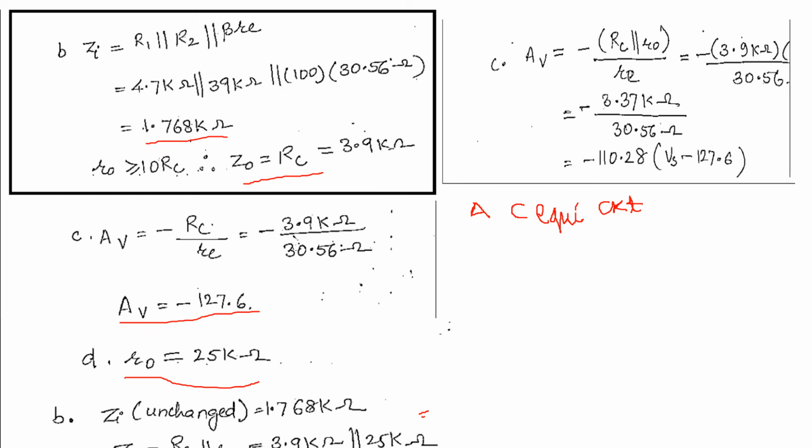So here we had input resistance R2 and R1. With the help of the re model I am drawing. So this is your re. Here it's a combination of R1, R2. This is R1, R2.